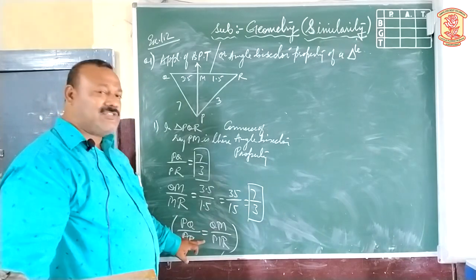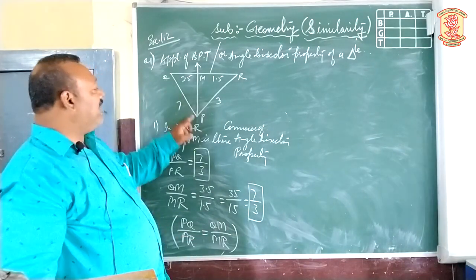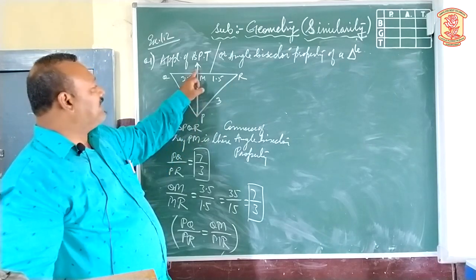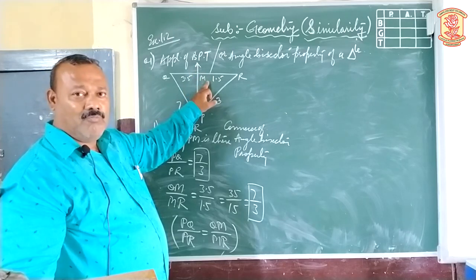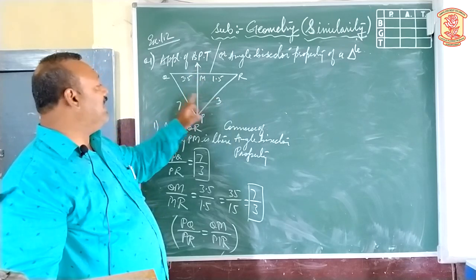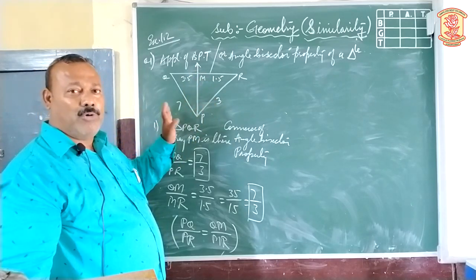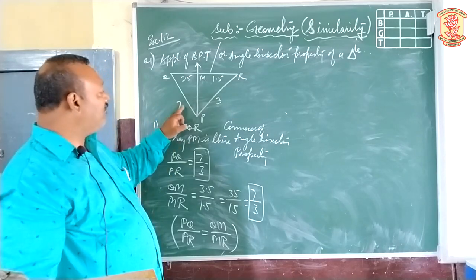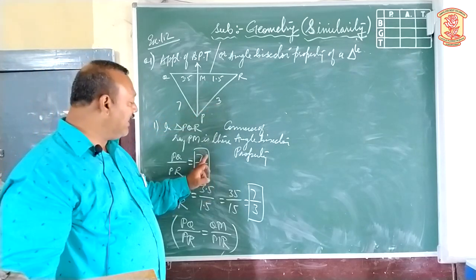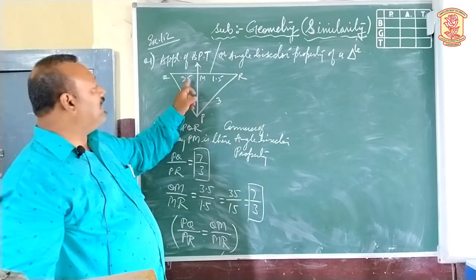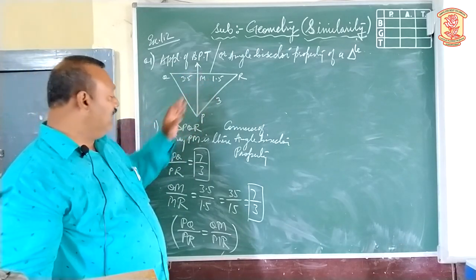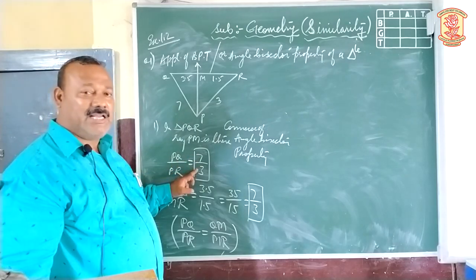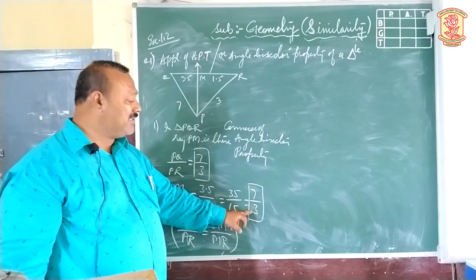What is this property called? In any triangle, the angle bisector divides the opposite side in the ratio of the remaining 2 sides of that triangle. Both are equal. The ratio of the remaining 2 sides we are getting is 7 by 3, and the ratio in which the ray divides the opposite side is also 7 by 3.